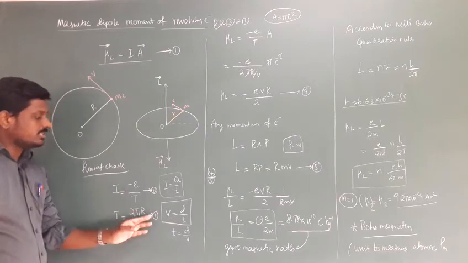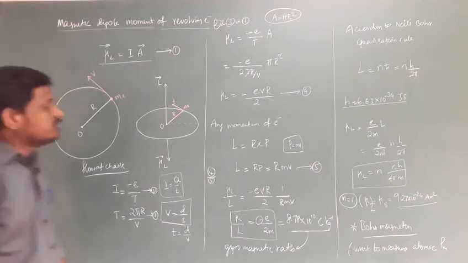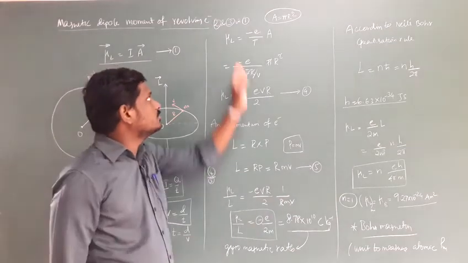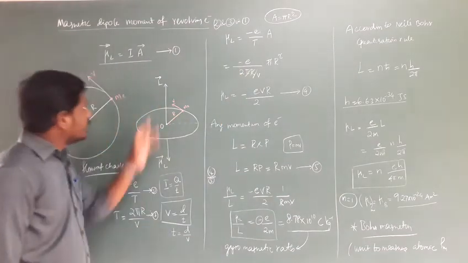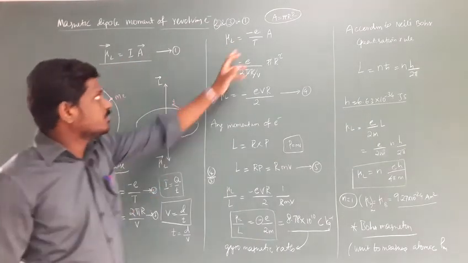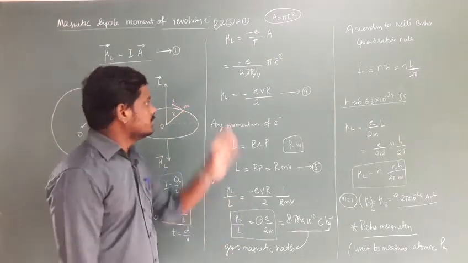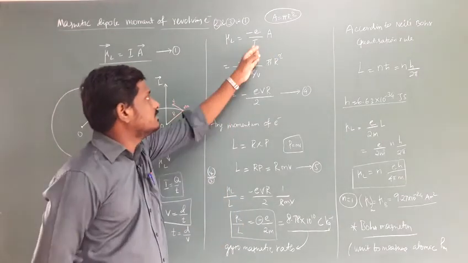Using equations 2 and 3, substitute in 1. We need the magnetic dipole moment of a revolving electron around the nucleus. So μ_L is equal to I times A, with I equal to −e by T, then A is the area of the circular orbit.